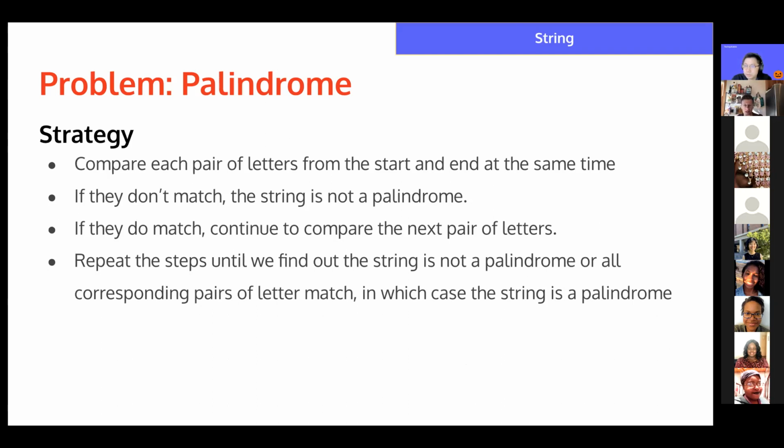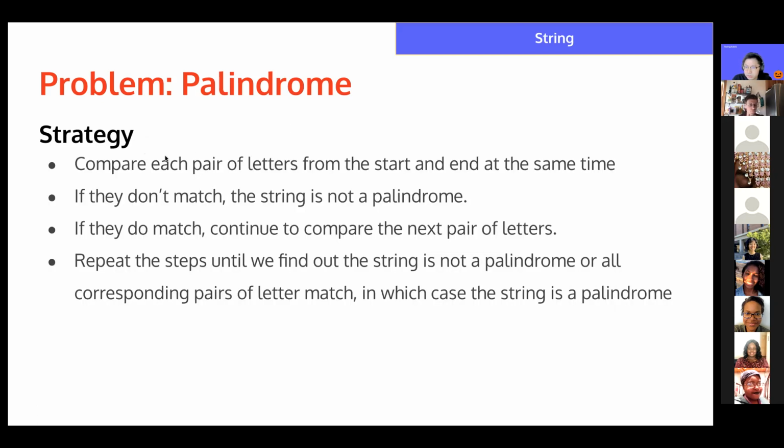That's one solution where you actually have pointer references to the beginning and the end. Another very similar way of doing it is where you're just keeping track of what indices you're looking at. So you would start at the 0th index and then the last index and work your way in. But the structure is the same: if they don't match, you can return false. If they do, you can keep working your way towards the center.